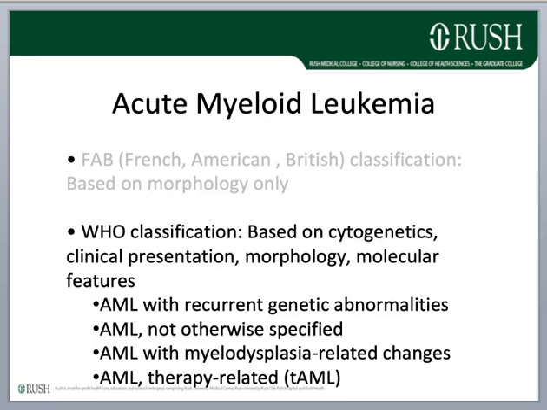Now, the classification of different AMLs has undergone tremendous revision in the last generation. When I first trained, we learned the FAB classification. This was a consortium of French, American, and British pathologists who got together and looked at hundreds of leukemia cases and then classified them according to morphology.